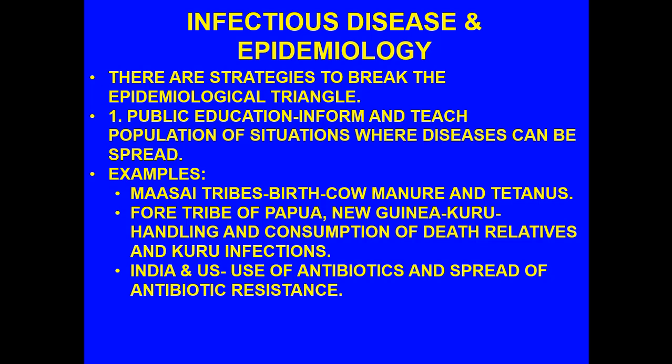The Fore tribe of Papua New Guinea, they had a prion-based disease called Kuru. Handling and consumption of dead relatives and Kuru infections was connected. Basically what happened is when someone dies, in the Fore tribe, as part of the funeral arrangements, the individuals would handle the deceased's brain, and in some cases, take small pieces and consume them.